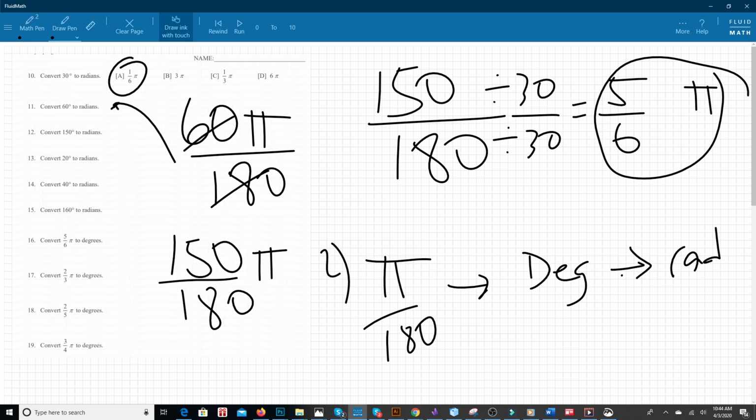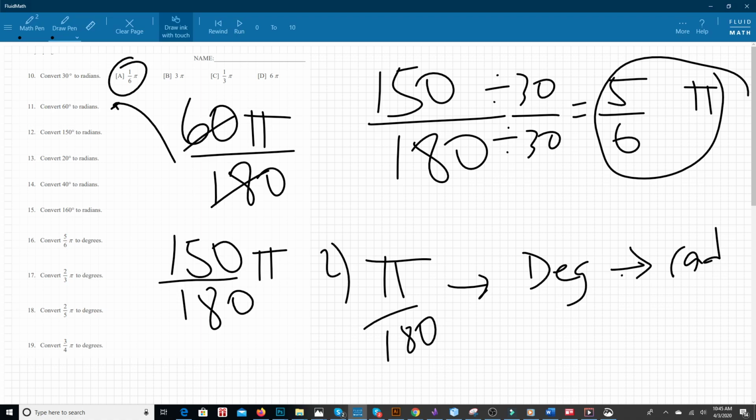Did I upload this? I don't think I uploaded this one. Okay, I'll upload a sheet on this, from radians to degrees and degrees to radians. I will upload a sheet shortly after this, probably by noon today, on your Google Classroom.